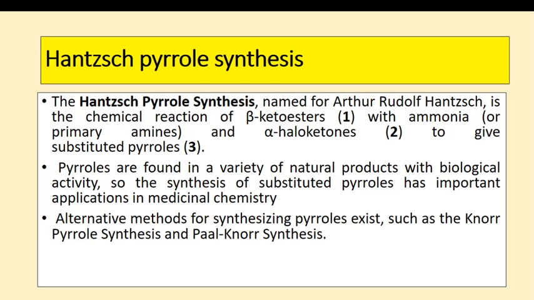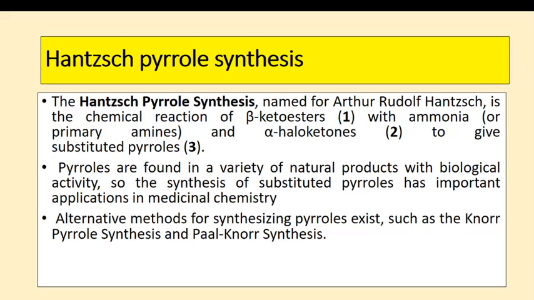So Hantzsch's pyrrole synthesis, named for the author Rudolf Hantzsch, is the chemical reaction of beta ketoester with ammonia or primary amines. So these are two starting compounds, that are beta ketoester with ammonia.